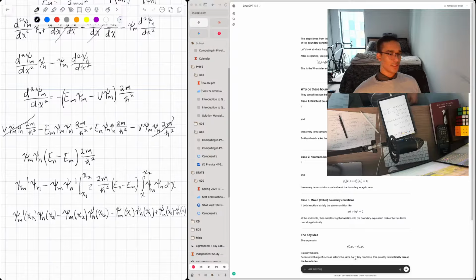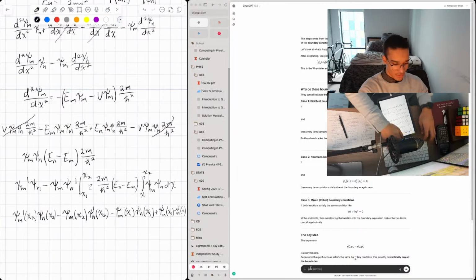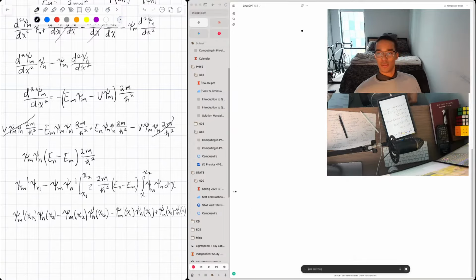Okay, it doesn't even know what it's saying. Only 2 of the terms vanish. What?